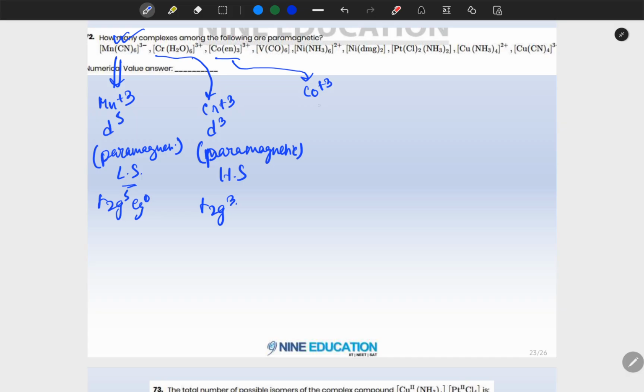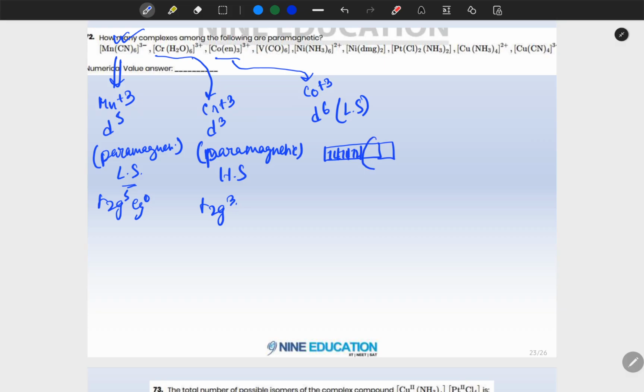So Co +3, what is the electronic configuration? That is d6, and this is a low spin complex because ethylenediamine is a comparatively stronger field ligand, so all the electrons will get paired up. This will be the scenario of the d orbitals: 1 2 3 4 5 6.